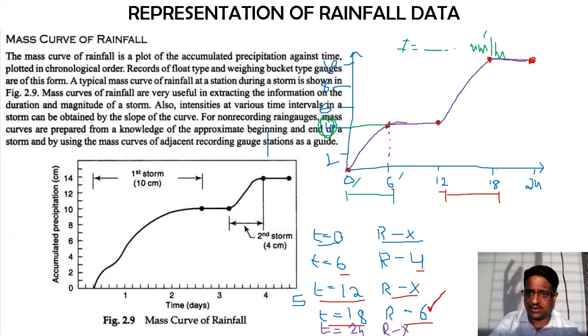So that is depth of water divided by time period. Here the total time period is 6 hours, so in the denominator you have 6, and in the numerator you have the total rainfall, 4. So 4 divided by 6 is going to give you the intensity of rainfall for the first 6 hours, that is 0 to 6 hours. This is how you can get the intensity of rainfall. I hope I am clear for you.